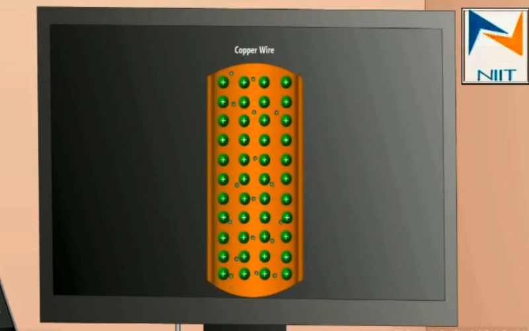The copper wire has a network of positively charged ions, that is, the atoms which have lost their electrons. These ions can vibrate, but they cannot move freely. Then there are a large number of free electrons which can move freely.